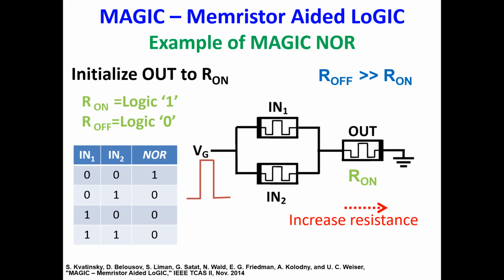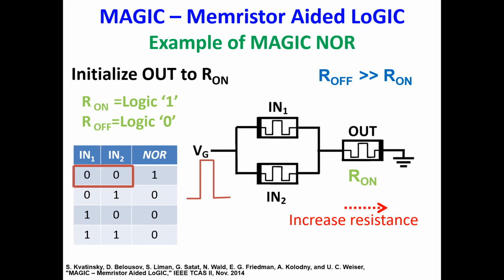And because of the connectivity of the output memristor, it can either remain unchanged or its resistance can increase. And this condition, whether it will switch or not, depends on the inputs, because basically we have a voltage divider between the 3 devices. And based on the value of the inputs, we will either have high voltage or low voltage across the output memristor, and this will switch it or not. So this is basically the computation.